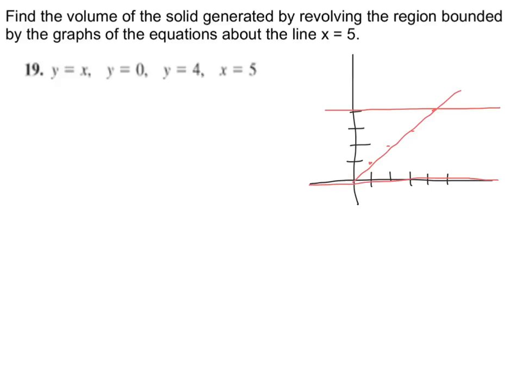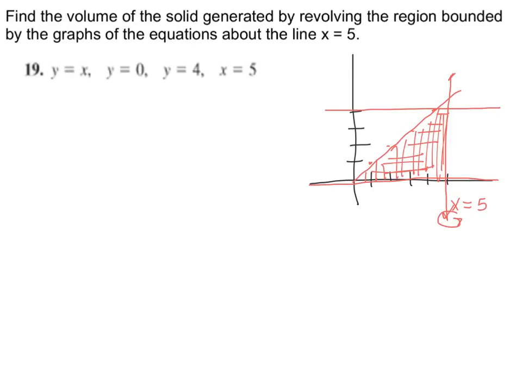And then we have x equals 5. So that looks like this. So we have basically this region right here. That's our region. And we want to revolve that around the line x equals 5. That's this, x equals 5.